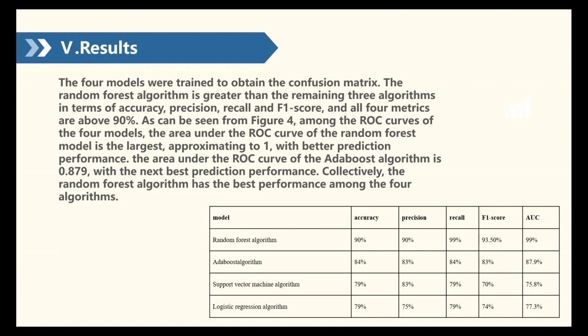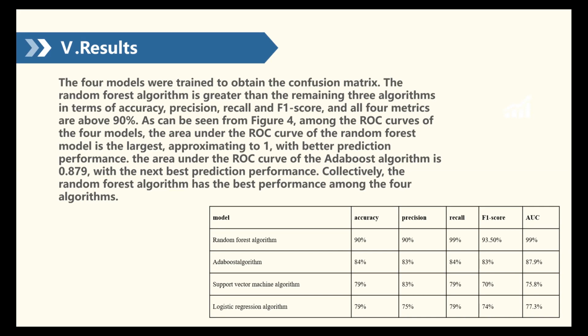The random forest algorithm is greater than the remaining 3 algorithms in terms of accuracy, precision, recall, F-score, and the AUC score. All the 5 metrics are above 90%.